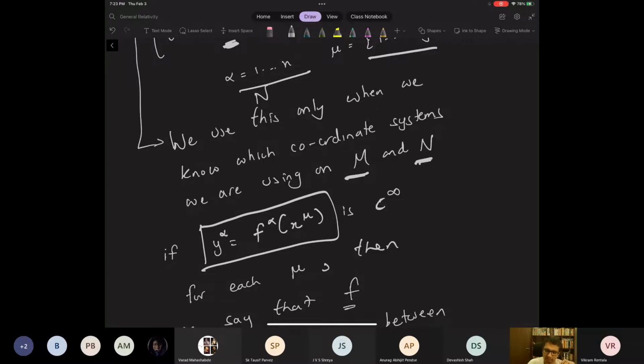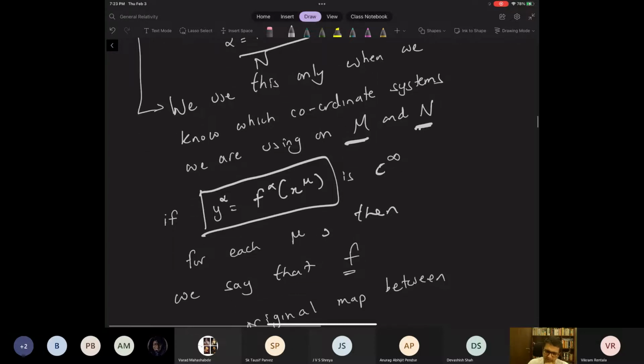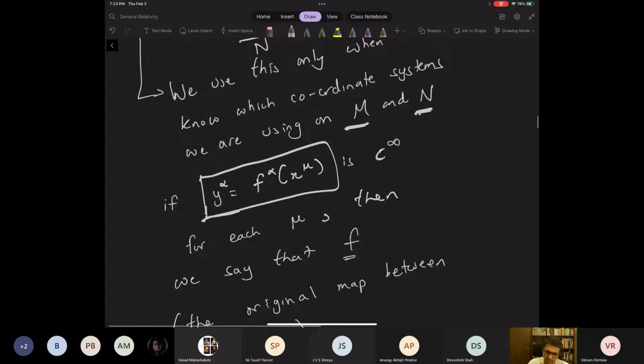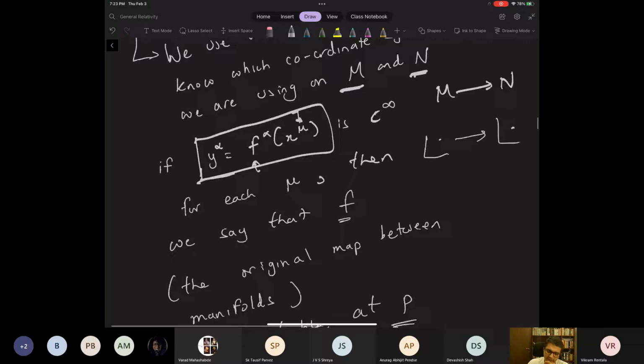Now we define the notion of differentiability. These transition functions, instead of going from the manifold M to the manifold N, go from the coordinates on the manifold M to the coordinates on the manifold N. We can differentiate these f alphas with respect to each mu.